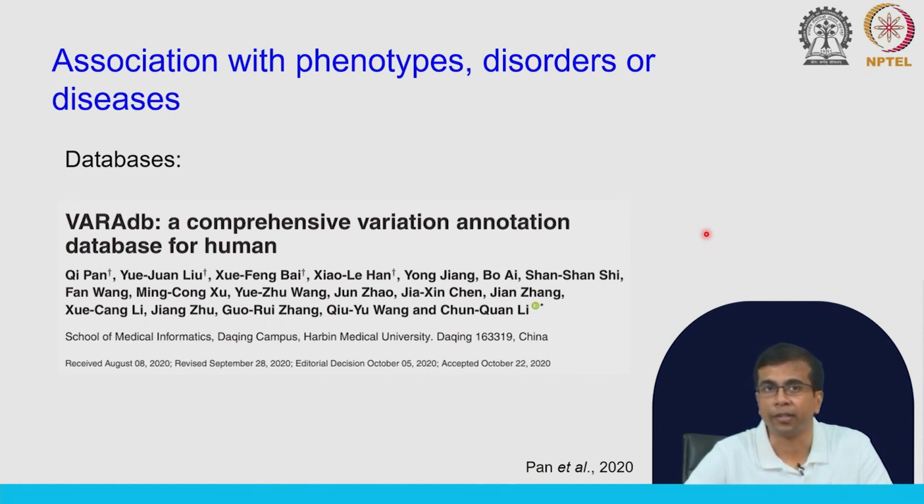For example, this is one database with a lot of comprehensive variation annotation. It is not just clinical annotation, it also contains regulatory information, whether this variant is associated with certain gene regulation changes, or some change in transcription factor binding. All this information can now be combined together and put into the database.